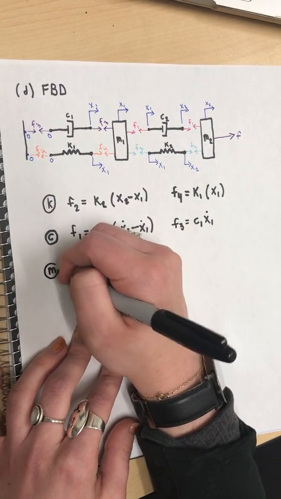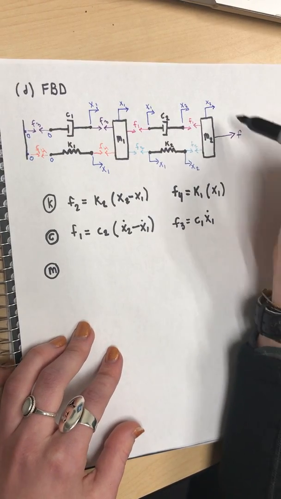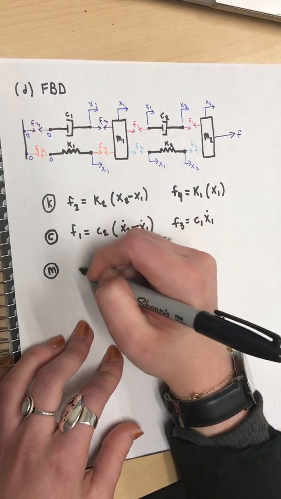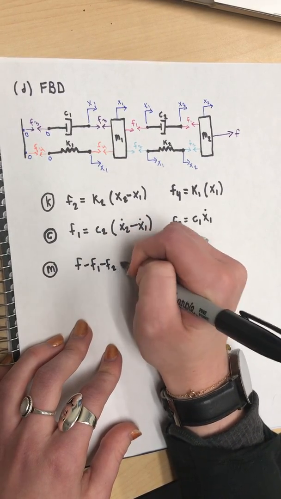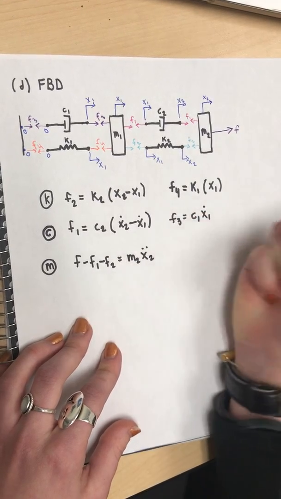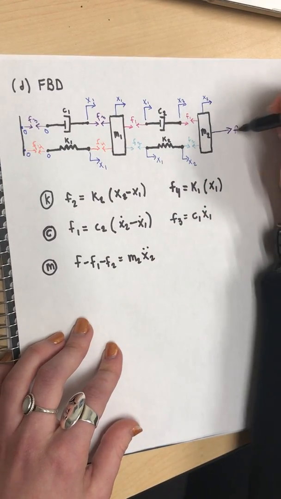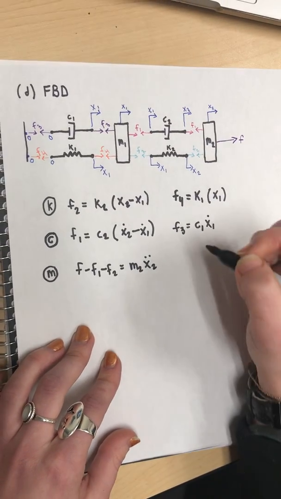For the masses, we're going to sum the forces around this one first. So we have F minus F1 minus F2 equals M2 x2 double dot. We did this order because F2 follows in the same direction as x2 and the other two do not.